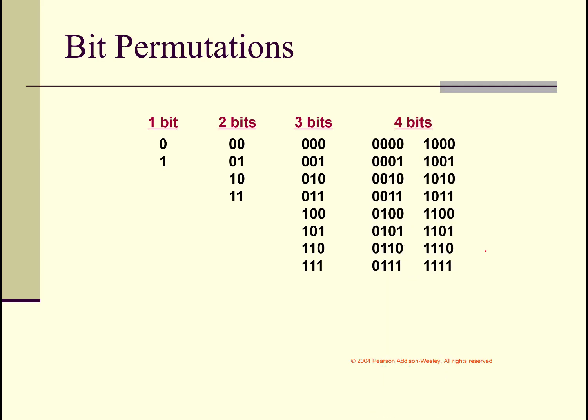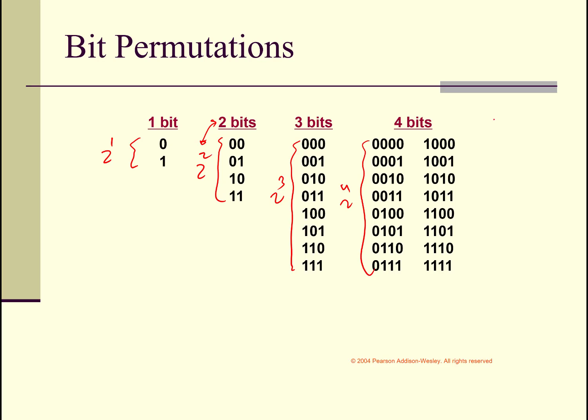If you have 4, if you don't know, just do it this way. This is 2 to the power of 1. This is 2 to the power of 2. Can you see the relation? This is 2 to the power of 3. This is 2 to the power of 4.